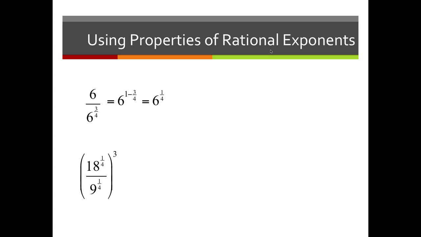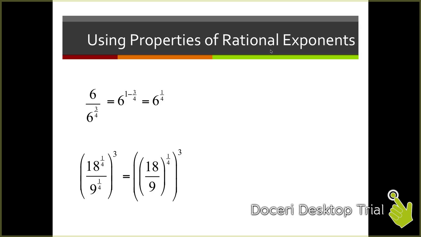Now in the next example, I've got 18 to the 1/4 over 9 to the 1/4. All of that is being cubed. And so because my exponents were the same on the 18 and the 9, one way to think of this is to actually pull the 1/4 out, so to speak, so that the 1/4 is acting like a common exponent on the whole thing.